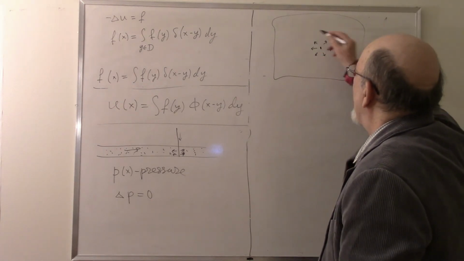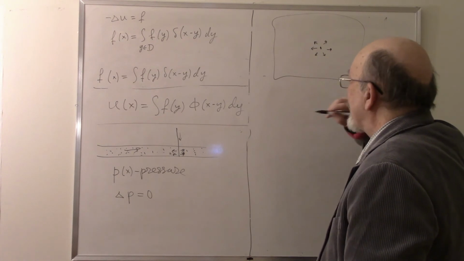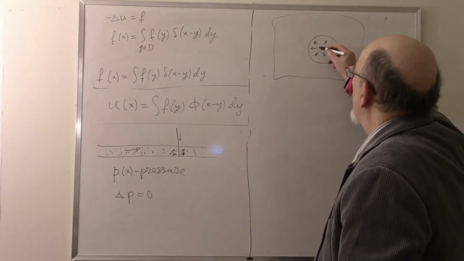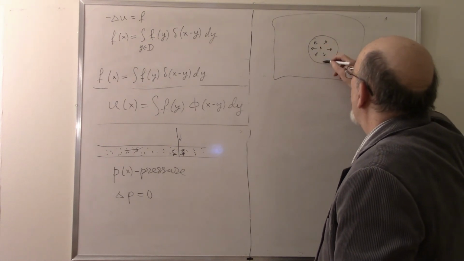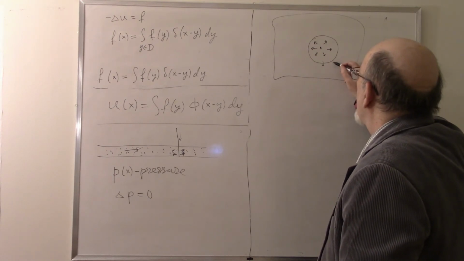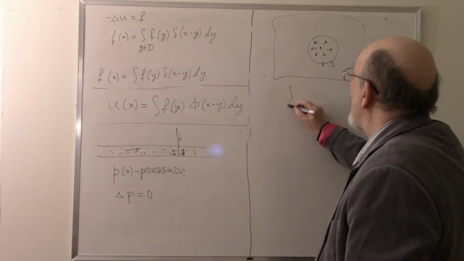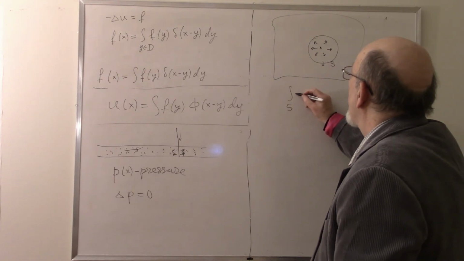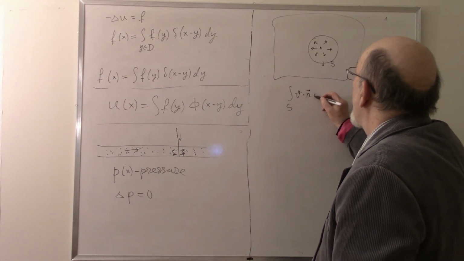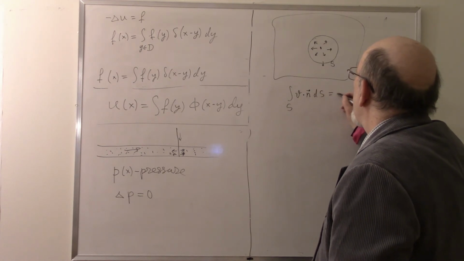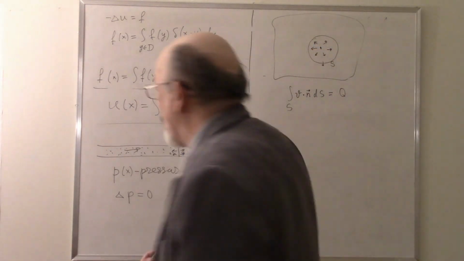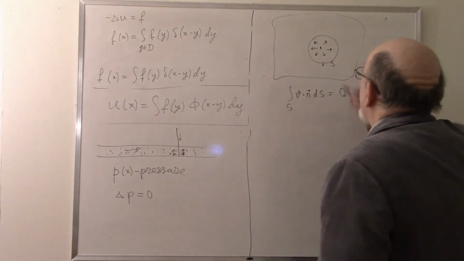Pressure is 0 outside of this point, but nonetheless the integral of the gradient of this pressure, the flux, over a contour S, integral over S of V dot N ds, equals Q. It is the productivity of this injecting well.